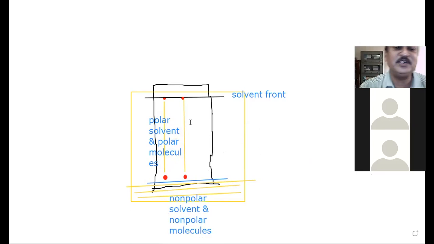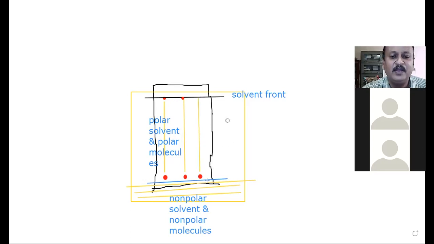Okay, now imagine that I have a third situation. I am spotting the sample again, and this time I am again carrying out this run. The solvent front is moving here till this point.